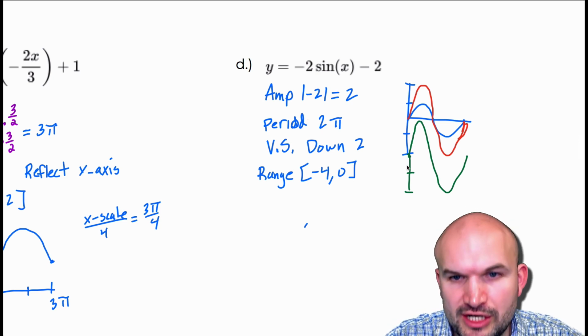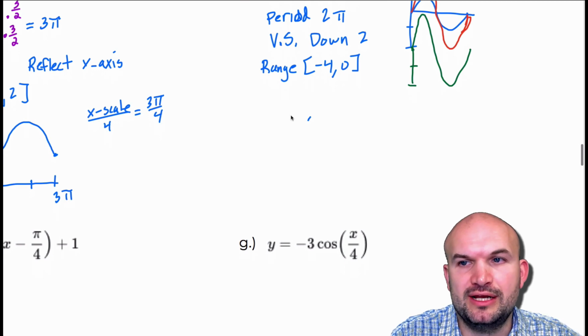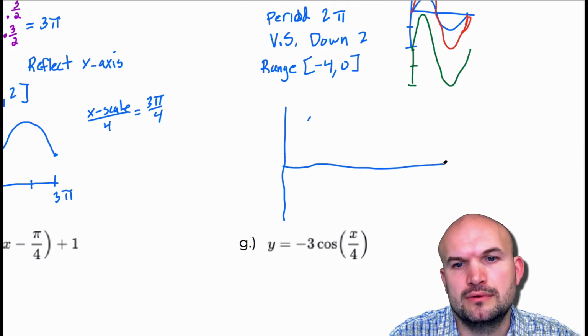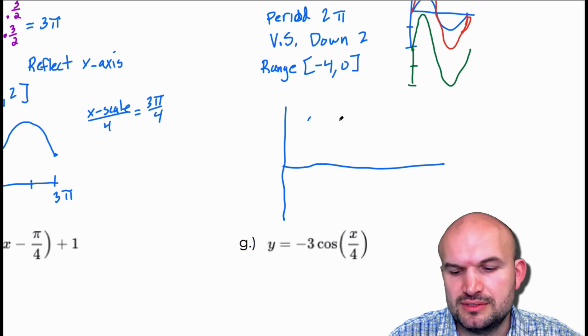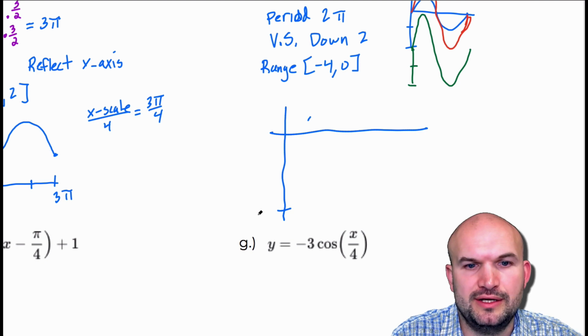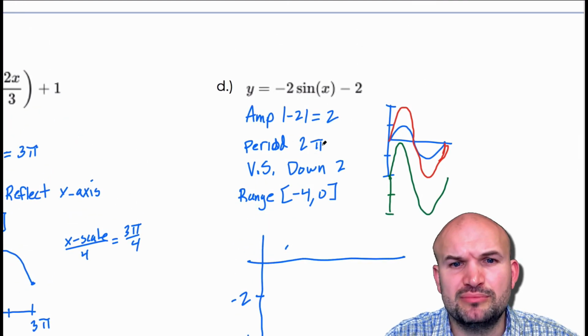Instead of starting here and going up, we're now going to be going down. So if I graph this initial period here, let's say here's -4. Here is -2. And our period is still completing at 2 pi, right?